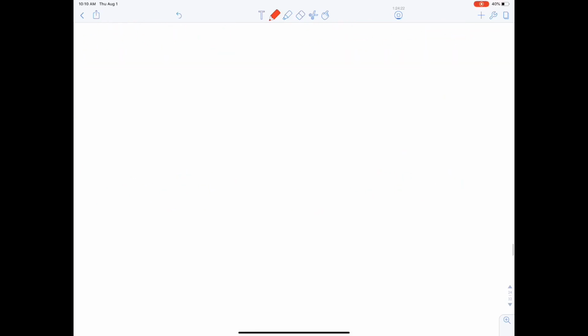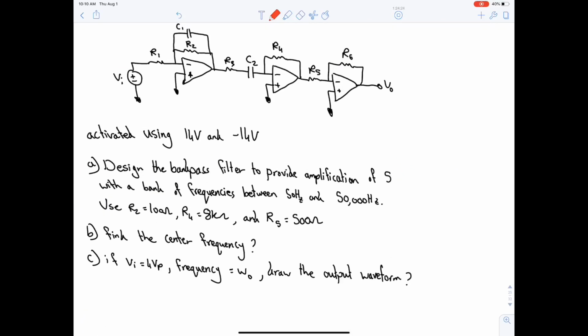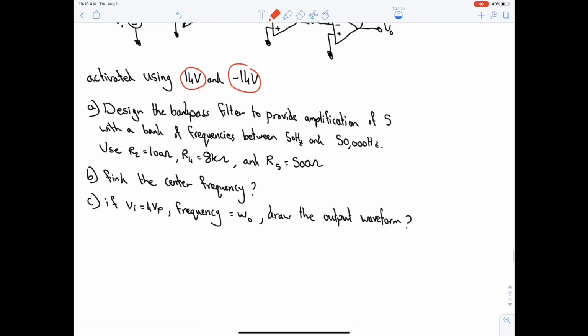What's the next question? Again, active band pass, using 14 and minus 14. Design the band pass filter to provide an amplification of 5, which means K, with a band of frequencies omega C1, omega C2, and they are in hertz. Be careful.